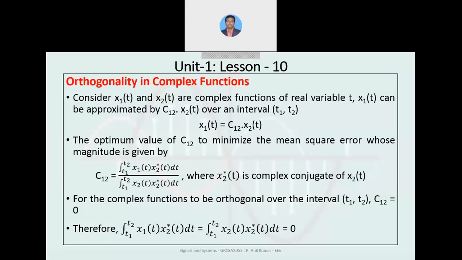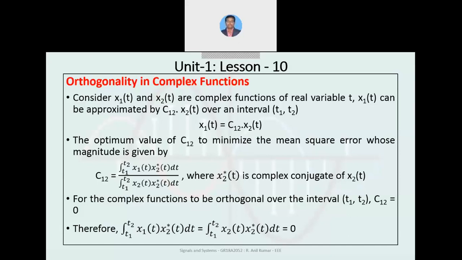Similarly, the denominator is the integral from t1 to t2 of x2 of t into x2 conjugate of t dt. Please remember that x2 conjugate appears in both the numerator and the denominator. If I express x2 of t as a plus jb, then x2 conjugate of t will be a minus jb.